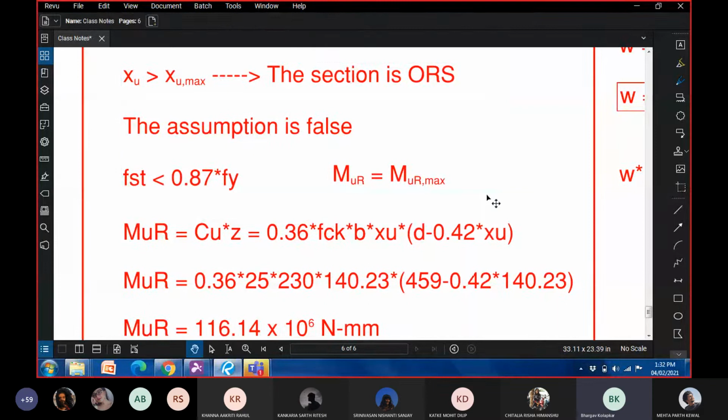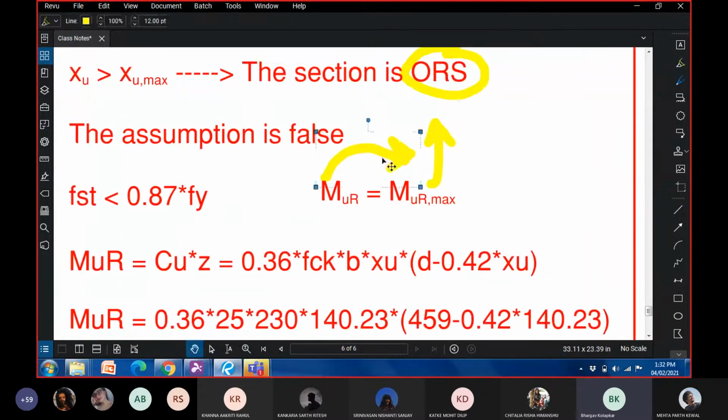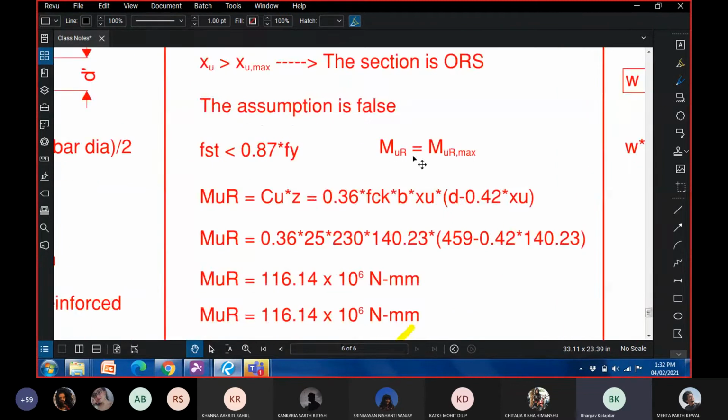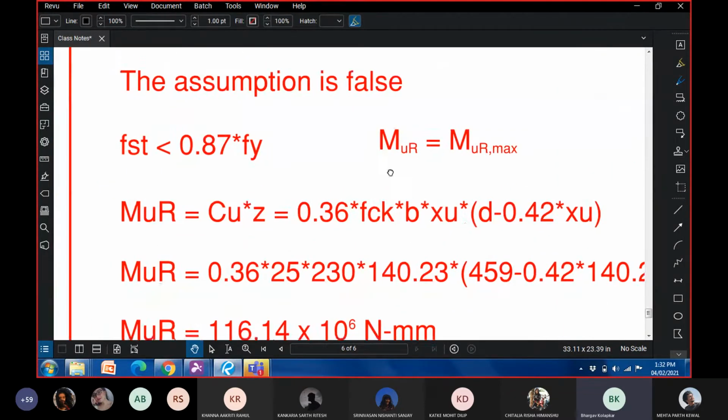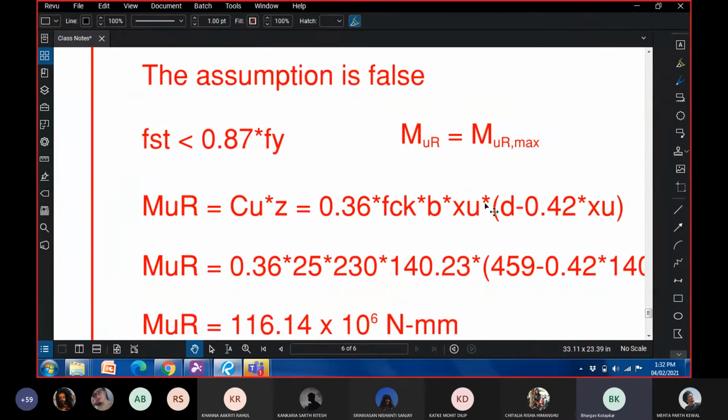Even though the moment capacity of the section might be greater than MUR, since the section is over reinforced, we'll limit our MU to MUR max. The only difference between MUR and MUR max is when you substitute XU max in place of XU.